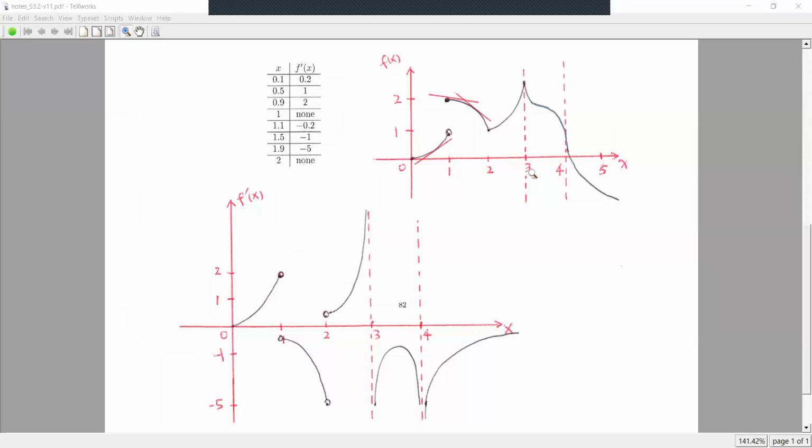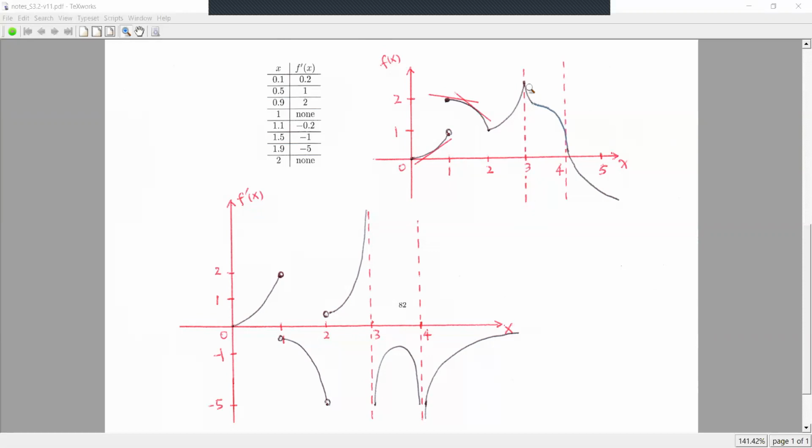At the point 3, this vertical line is the tangent line to the graph of the function f. So at point 3, the slope is infinity. When x is close to the point 3, the tangent line there is very steep. So the derivative there is very large.